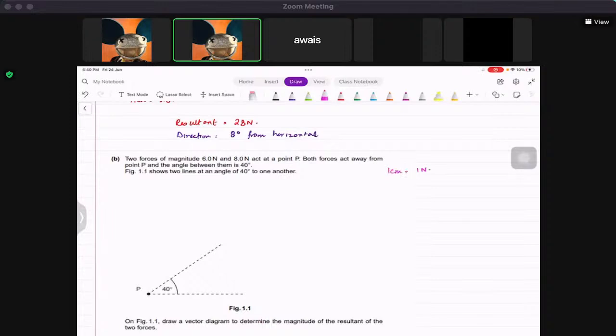So you draw a line of 6 centimeter, and then the angle you take in a separate space.